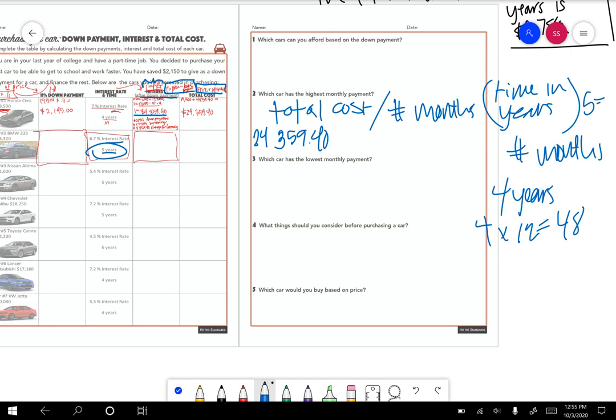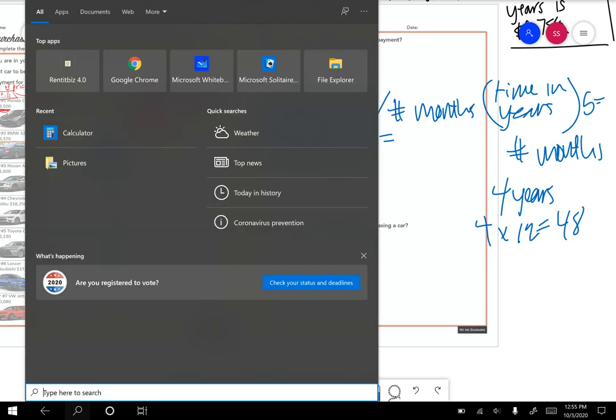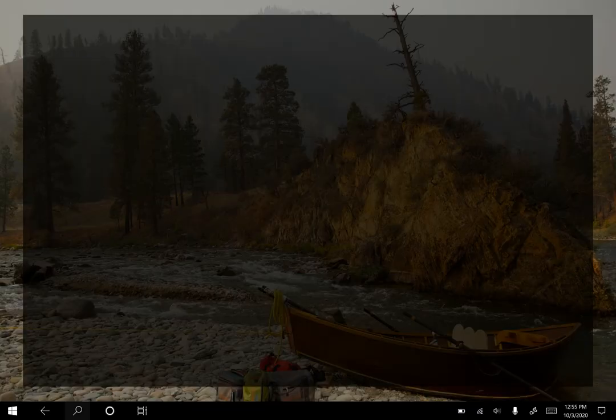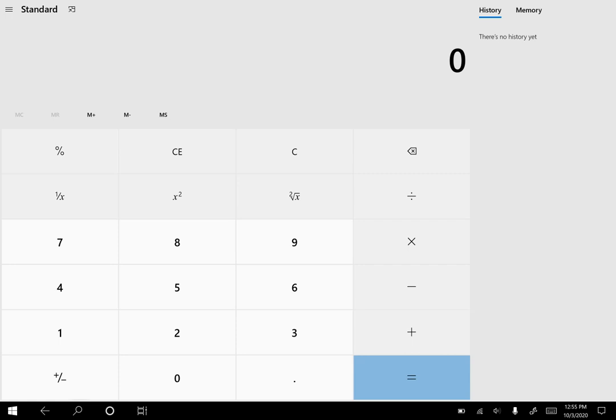So we're gonna take $24,359.40 divided by 48 months. I don't have my calculator with me, but we can just pull up a calculator and do this together. And we get 507. And remember, money has 2 decimal places, so $507.49.